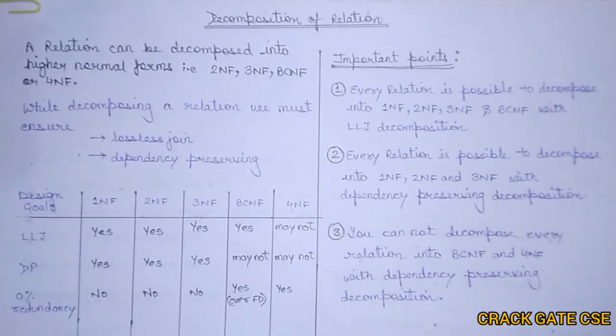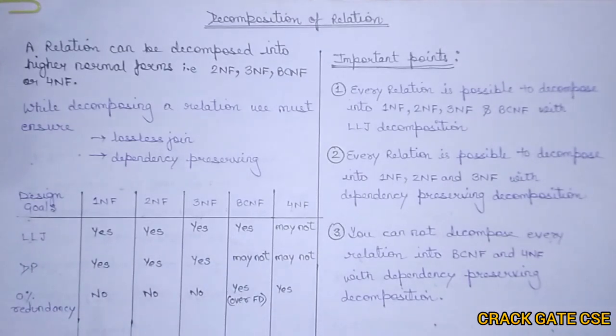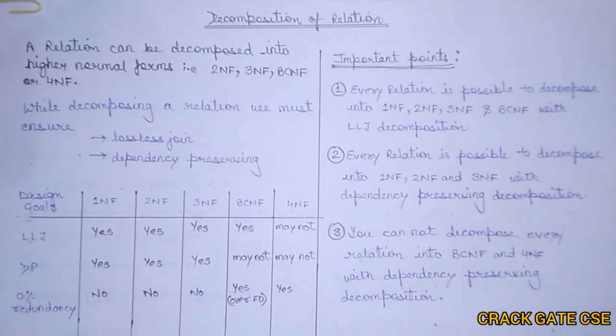It may or may not be there. Similarly in BCNF, you can decompose a relation with lossless join decomposition, but it is not possible to guarantee dependency preserving decomposition. That means while decomposing a relation into BCNF, dependency preserving decomposition may or may not be satisfied.